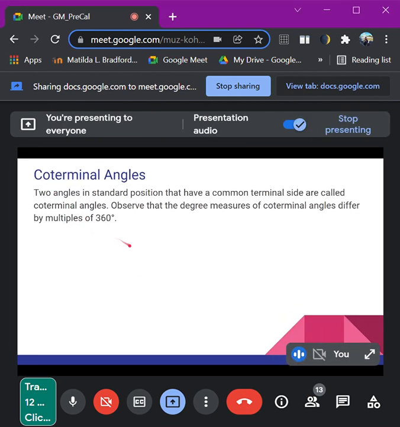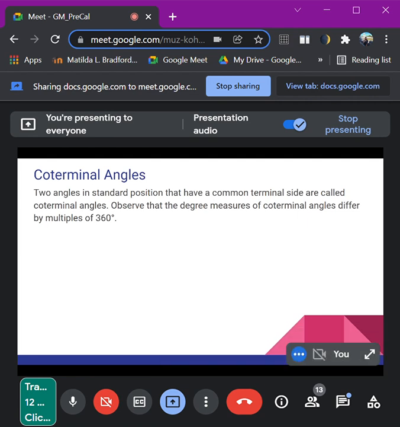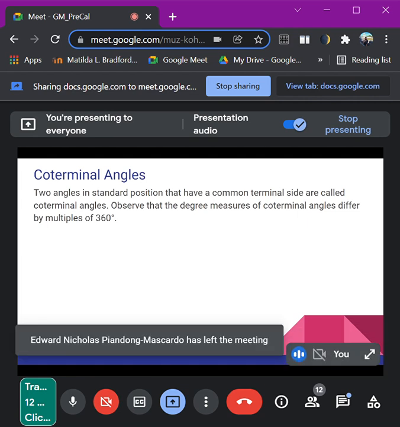So we have there two angles in standard position. So what is the standard position, class? Where does the standard position start? Okay, on the x-axis, or specifically the positive x. So meaning to say, two angles in standard position that have a common terminal side.